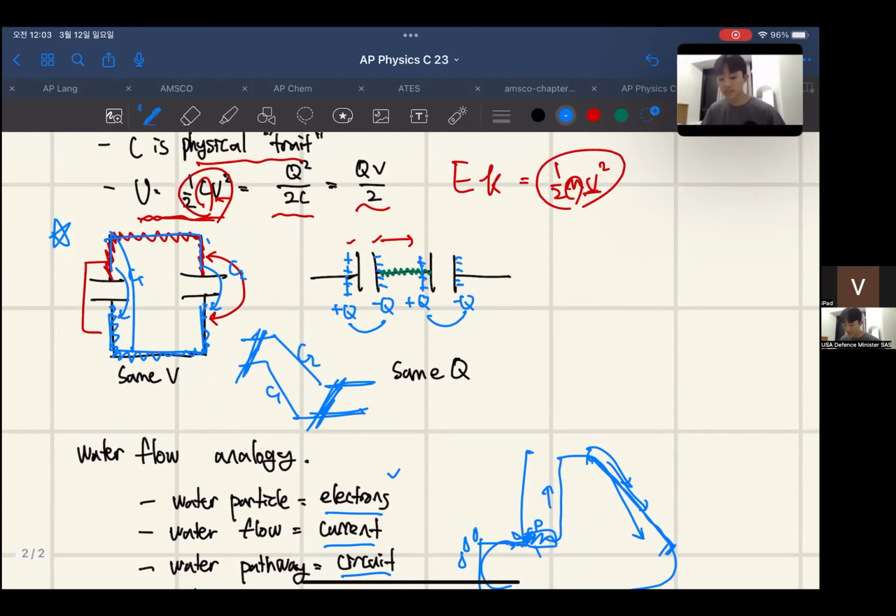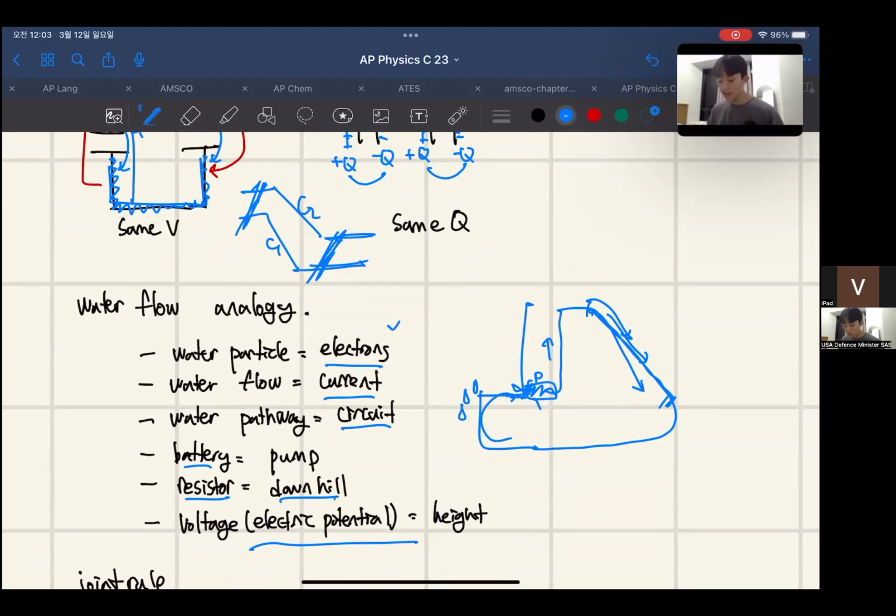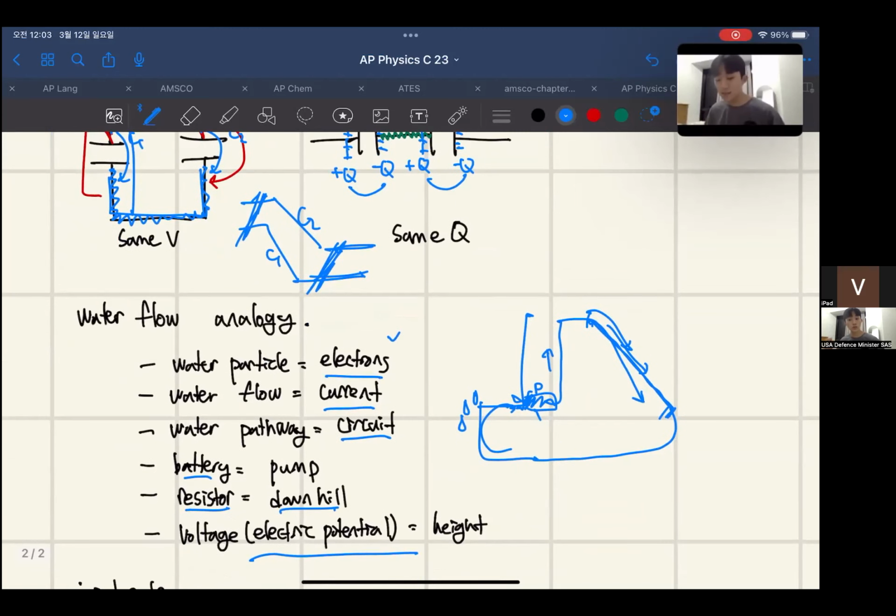Now, some people might say, wait, Andrew, didn't you say that downhill is equal to resistor, not capacitor? Well, you are right, but we know that capacitors also work as decreasing the voltage or decreasing the height in the water pathway. Thus, it works the same as resistors in terms of voltage and current flowing.